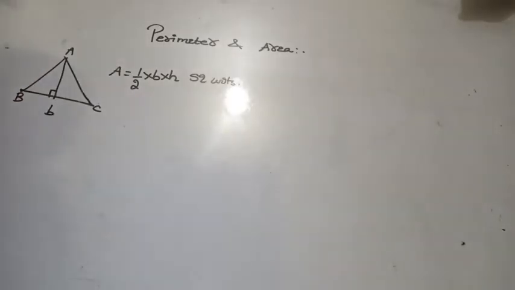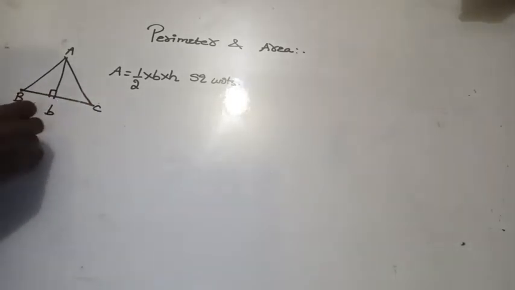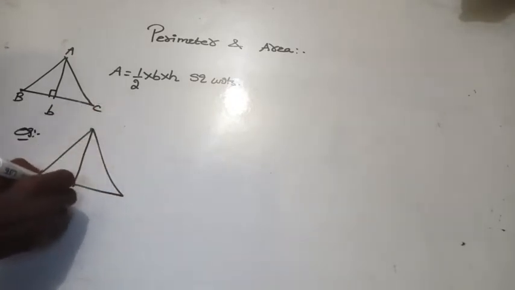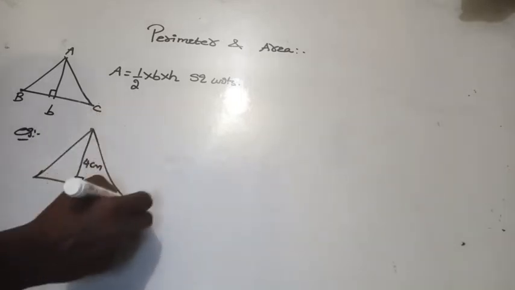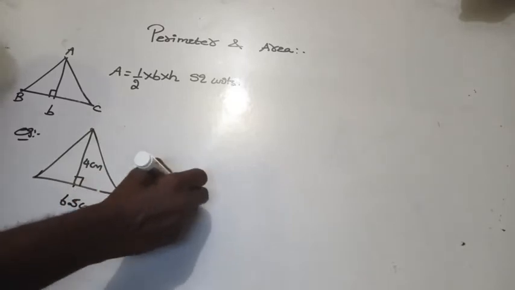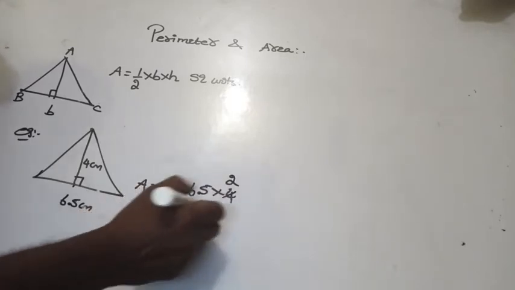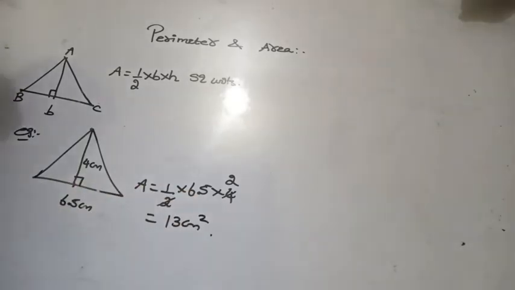For example, base is 6.5 centimeter, height is 4 centimeter, then the area is half into 6.5 into 4. That gives 13 centimeter square. It is the area of the triangle. So the area of the triangle is half into base into height square units.